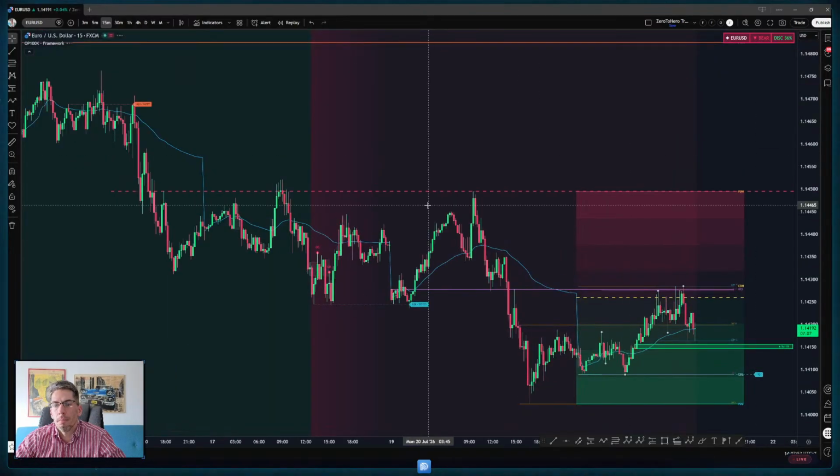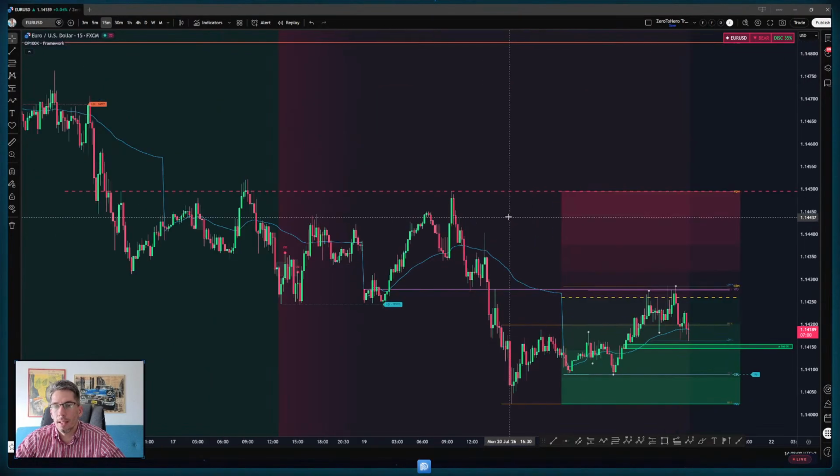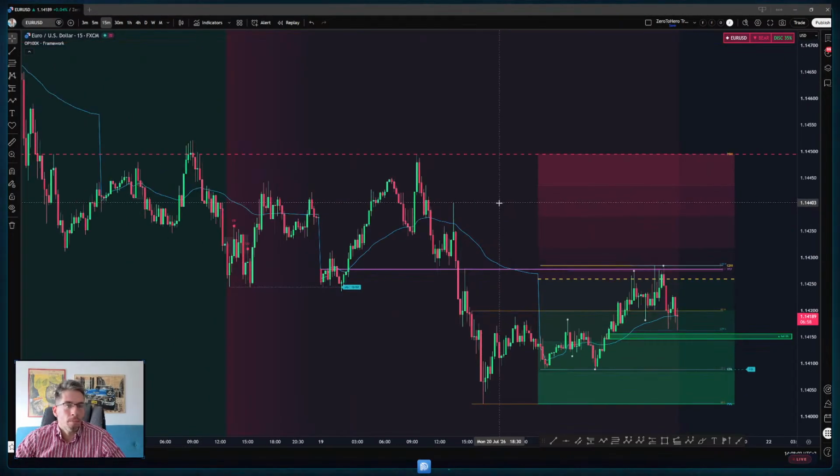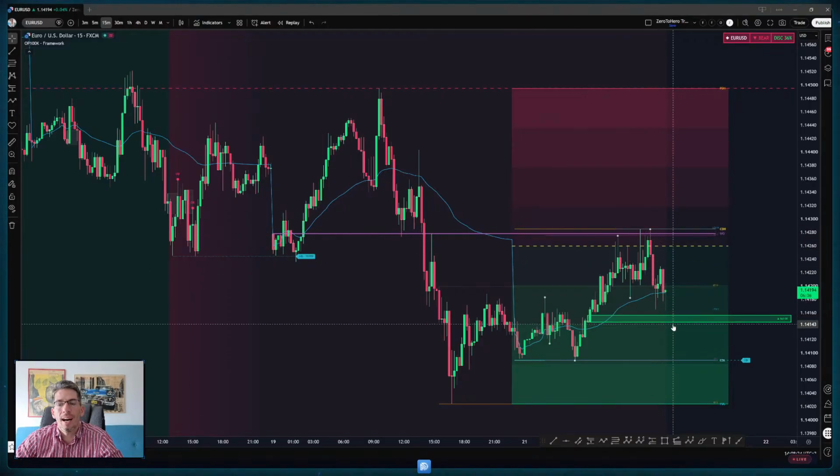The euro is slightly better. I more refer to the idea that the euro is lagging behind the pound at the moment. During the UK session, I had the same idea, but the euro moved first higher to test the weekly open, found the resistance there, and started to move down.